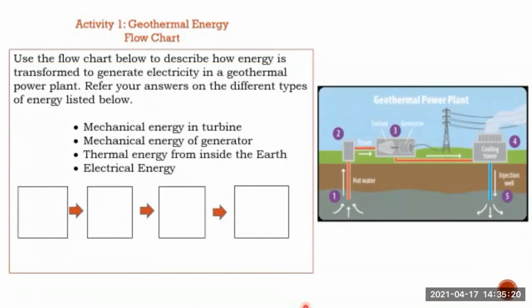For our Activity 1, geothermal energy flow chart, from your worksheets, use the flow chart below to describe how energy is transformed to generate electricity in a geothermal power plant. Refer your answer to the different types of energy listed below. What you're going to do is identify the correct statements or phrases for those boxes.